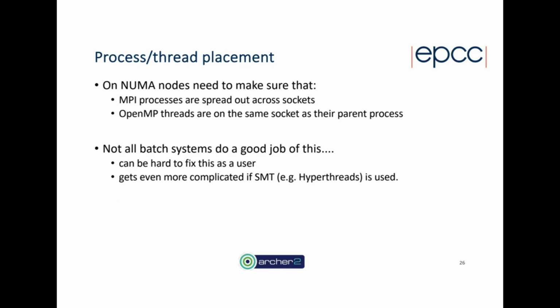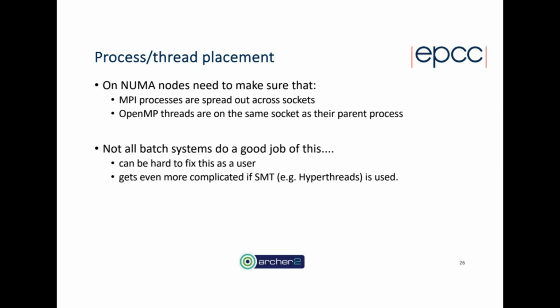Talked a little bit about process and thread placement. On NUMA nodes, you need to make sure that your MPI processes are spread out across the sockets or NUMA domains, and that the OpenMP threads are on the same socket or NUMA domain as their parent process. As I say, not all batch systems necessarily do a good job of this. The one on ARCHER2 is actually set up correctly to do that. And it gets even more complicated if you want to use SMT or hyperthreads.